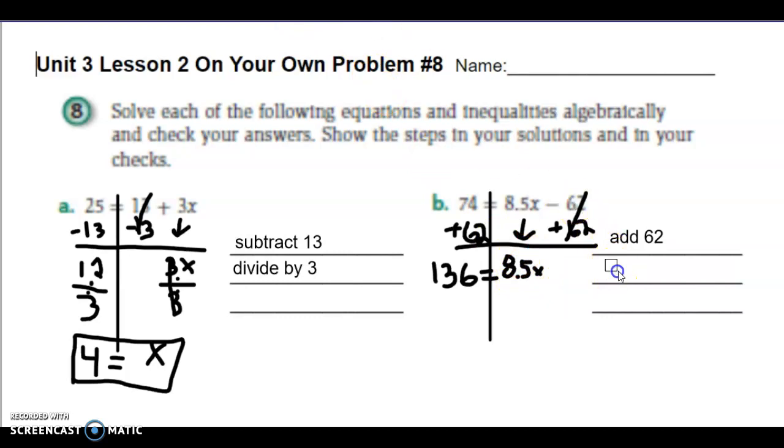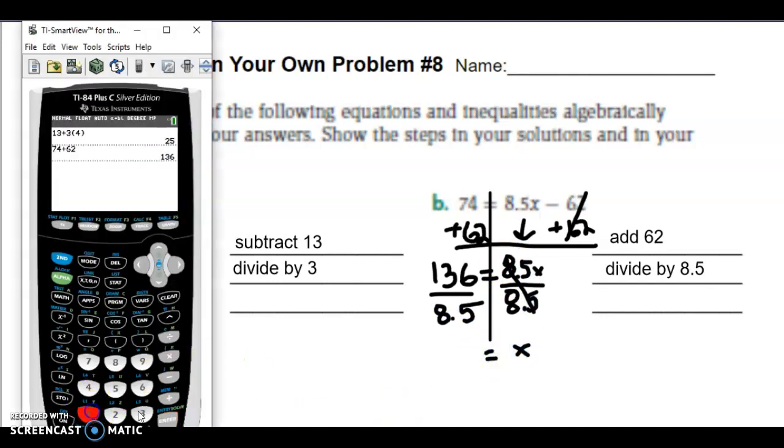So our next step is going to be divide by 8.5 on both sides. On both sides of our equation, we should have a divide 8.5 and divide 8.5. On this side, that cancels out to 1x, and then we get left with 136 divided by 8.5.